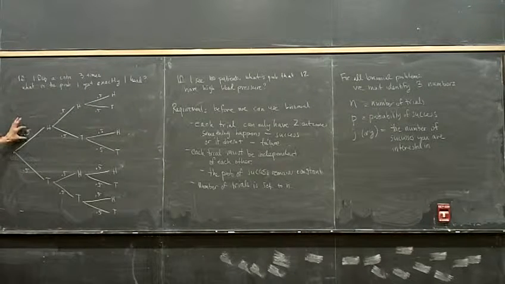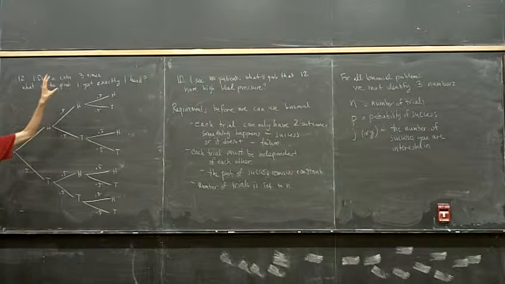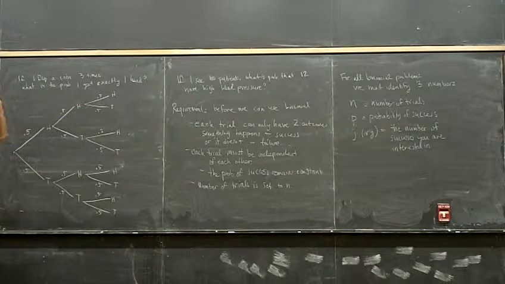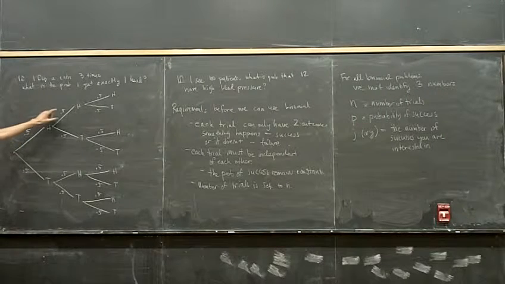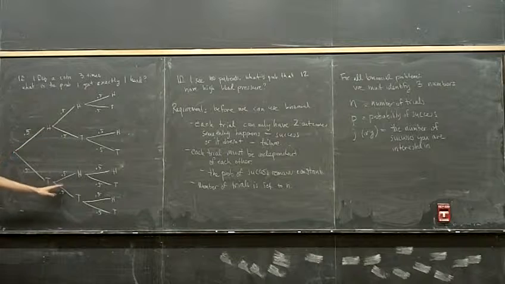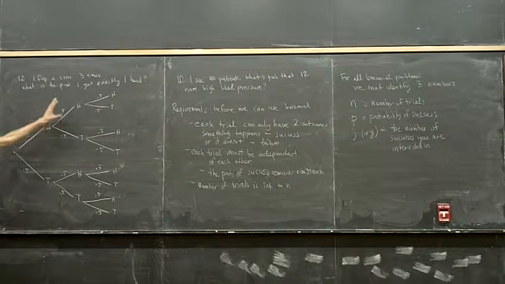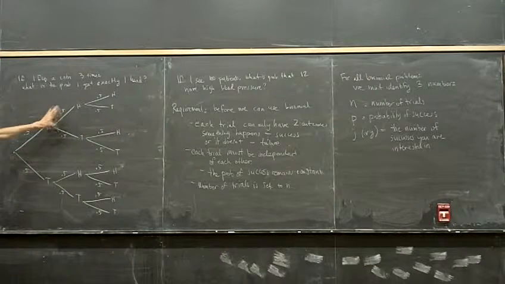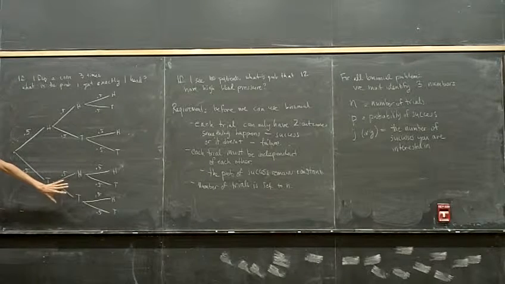The probability of getting heads stays the same no matter what happened before it. So the probability of heads is still 0.5 here, as it is here, as it is here. If it were dependent, then the probability here would be different than it would be down here. Heads and tails are 0.5, 0.5 up there, and they're also 0.5, 0.5 down here.